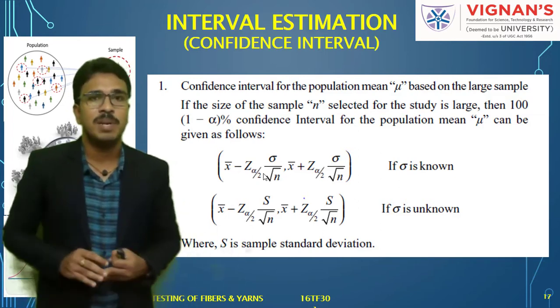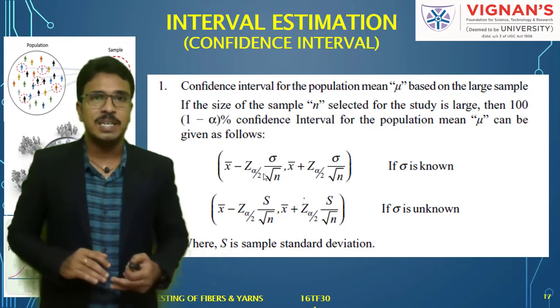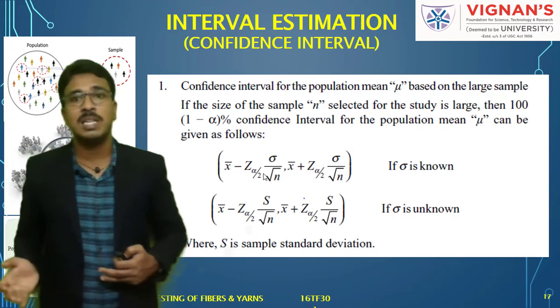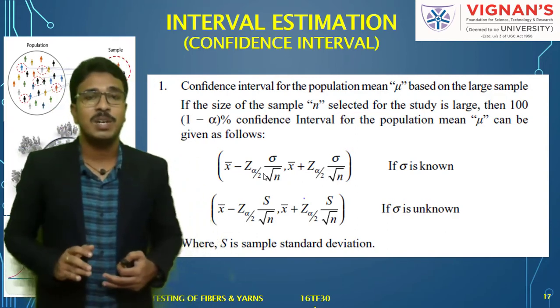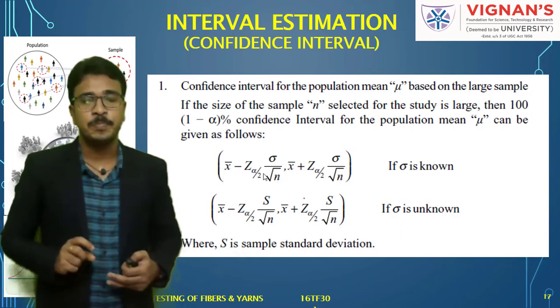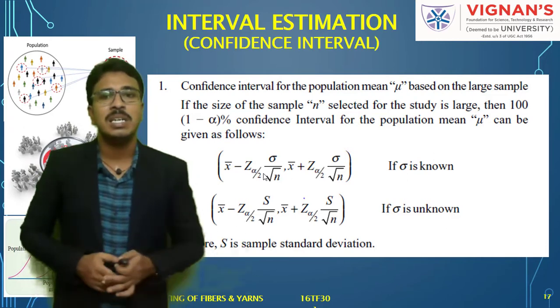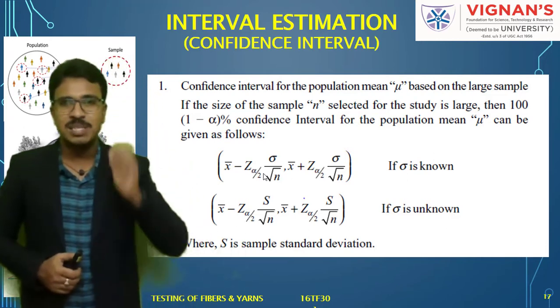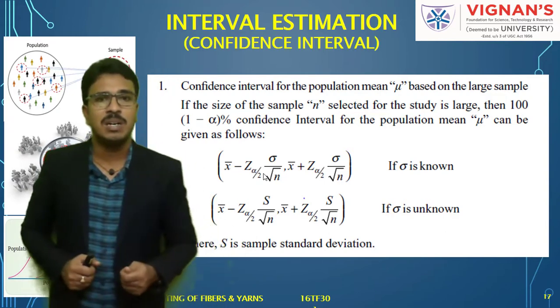Okay, here is a formula. If the sample size is more than 30, these are the formulas to find out the population mean. Now you can see two formulas are given, if sigma is known and if sigma is unknown.